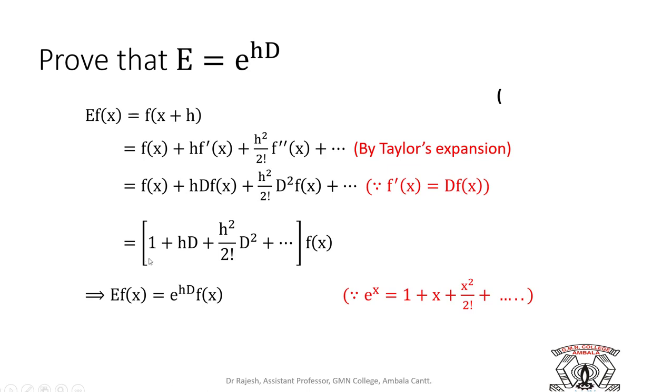So we have used this definition, this expansion, in this term. So we will get e raised to the power hD f(x), and this is holding for all such f(x). So this will be E is equal to e raised to the power hD. So this establishes the fourth identity, and this identity establishes the relation between this shift operator and the differential operator.